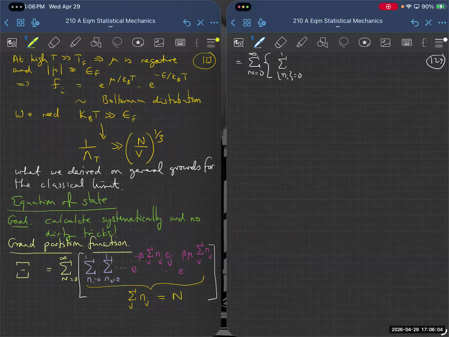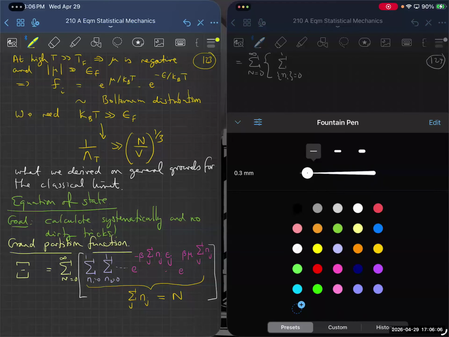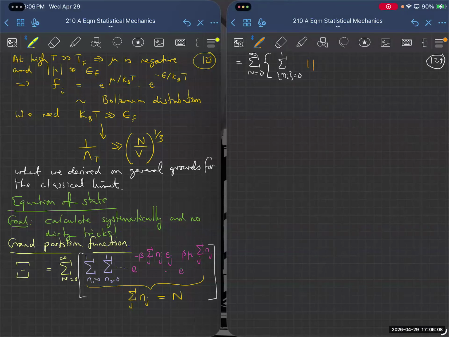So then I can write that as the product over all the states, j, of e to the beta mu minus epsilon j times nj, like so. So that's the sum.